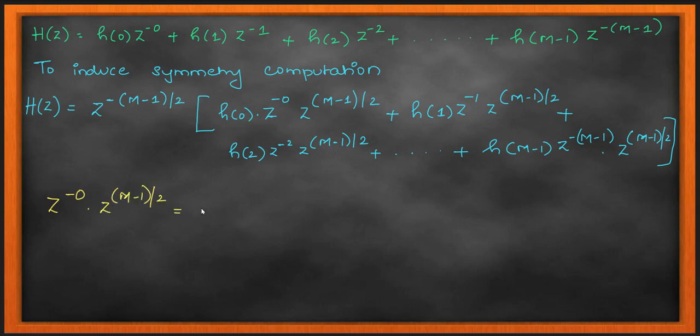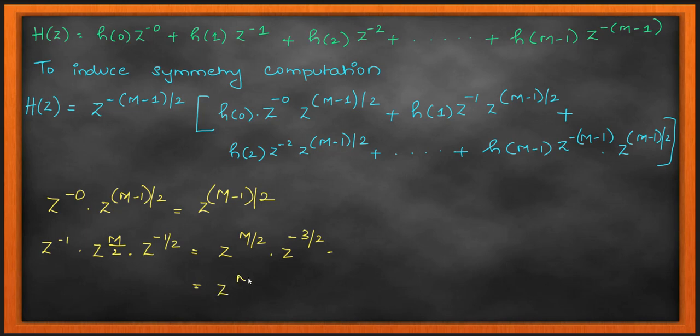After that element, I will either have a positive value, meaning the same symmetry, or a negative, anti-symmetry. That is why I've taken z to the power of minus (M minus 1) by 2 outside. When I take it outside, every term inside gets multiplied with z to the power of (M minus 1) by 2. That is how I induce symmetry into that equation.